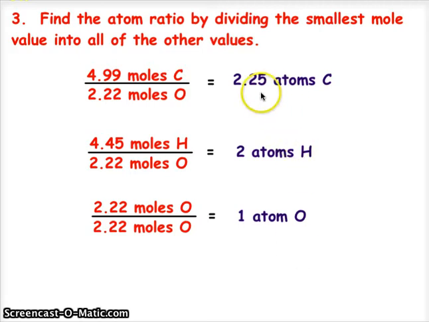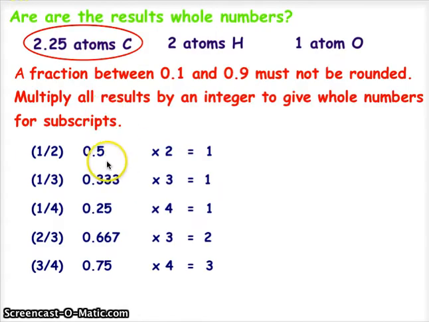Well, the problem here is we can't have a quarter atom. So how are we going to fix this? Well, using these decimal or fractional breakdowns, when we have a 0.5, we're going to multiply by 2 to get a whole. 0.33, we multiply by 3 to get a whole value. 0.25, we multiply by 4 to get a whole value. 0.667, we multiply by 3, which will actually give us 2 whole values.